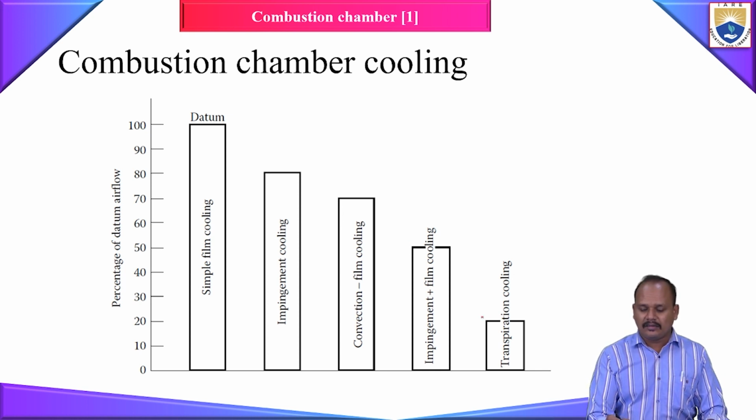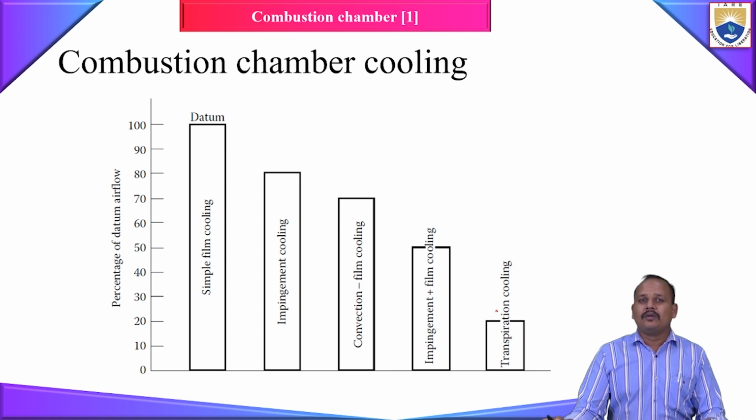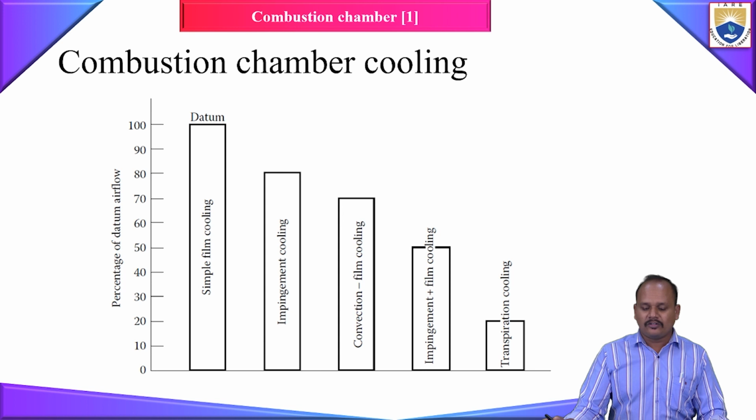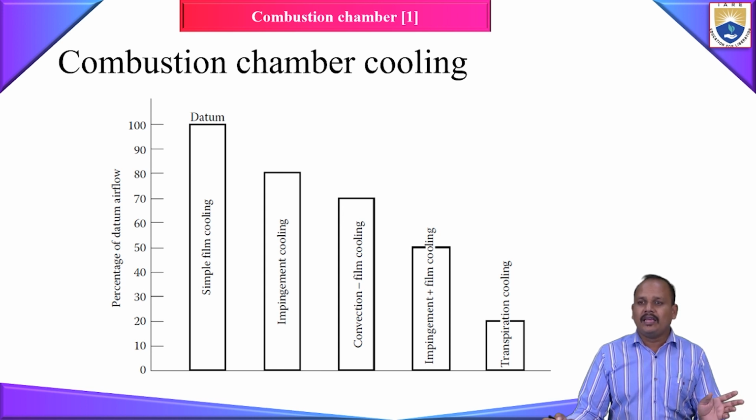The last, at least, is transpiration cooling, which we are nowadays using in most gas turbine combustion chambers, and which requires hardly 20% of the air required by simple film cooling. This transpiration cooling technique is more effective in taking away the heat and in forming a barrier between your hot gas and your cold gas.